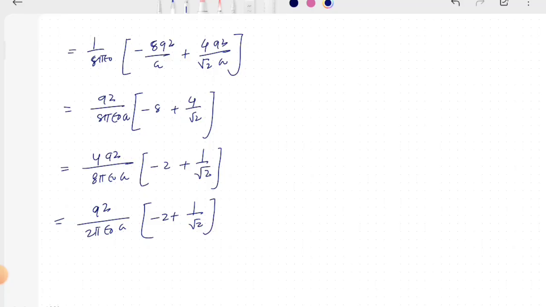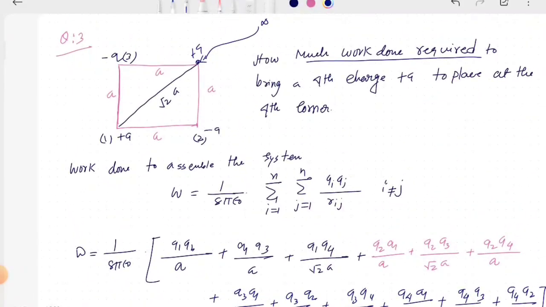So that is the result of those questions. So in this way you can calculate how much work done is required to bring the fourth charge plus Q at the fourth corner.